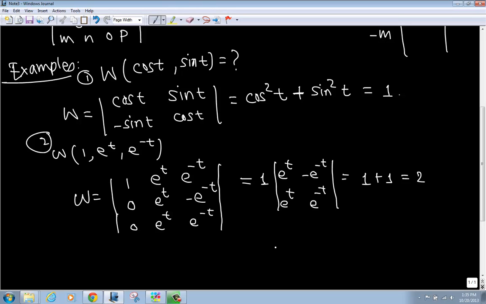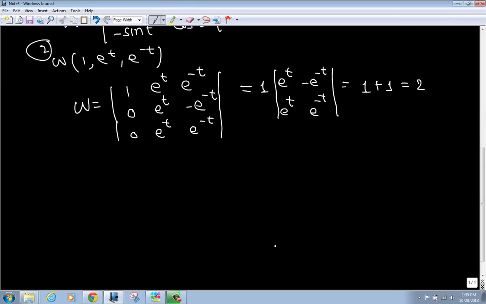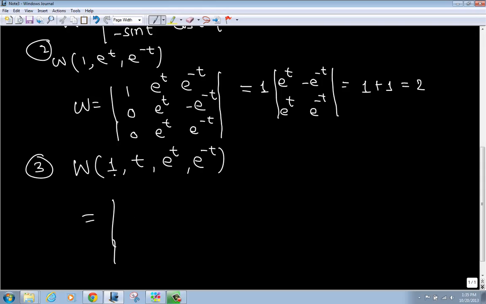Okay, let's find a wronskian of 4 functions. Let's say the wronskian of 1, t, e^t and e to the negative t. That will be, in the first row we write down the given 4 functions: 1, t, e^t, e to the negative t. In the second row let's find their derivatives.